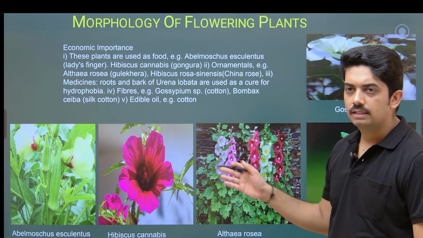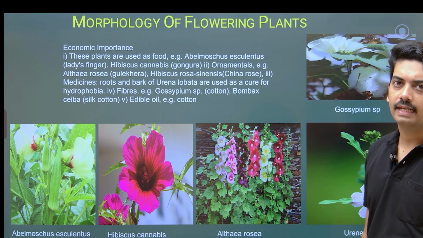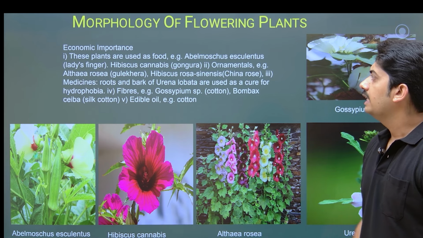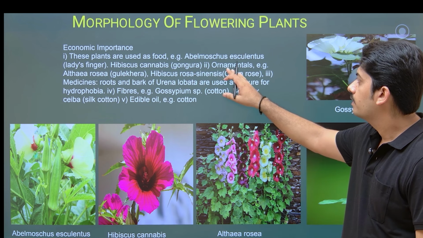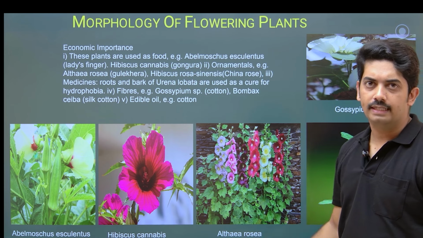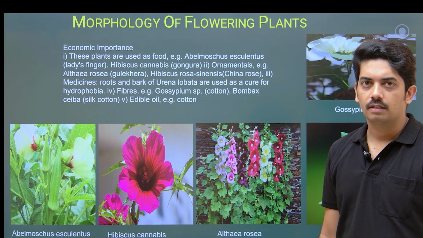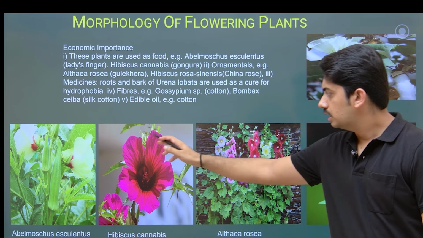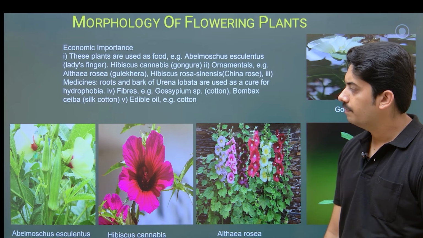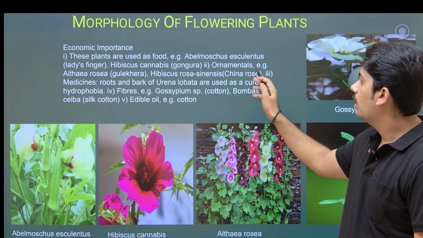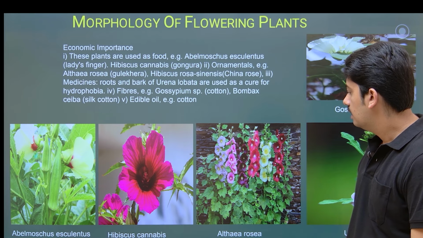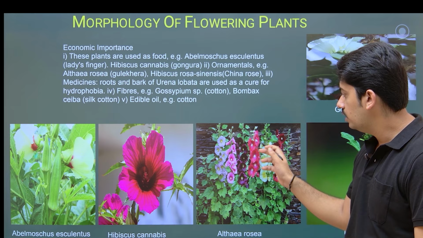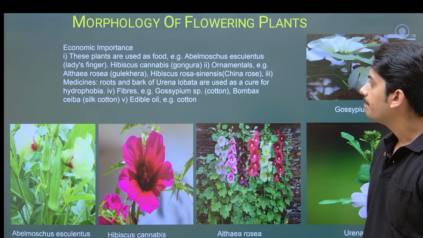Here in this slide you can observe different examples of the family Malvaceae. These plants are used as a food. Abelmoschus esculentus, that is okra. Then Hibiscus cannabinus, this is commonly known as gongura, used as a vegetable. Then ornamentals, this Althaea rosea is one of the member of the family Malvaceae, used as a ornamental plant.